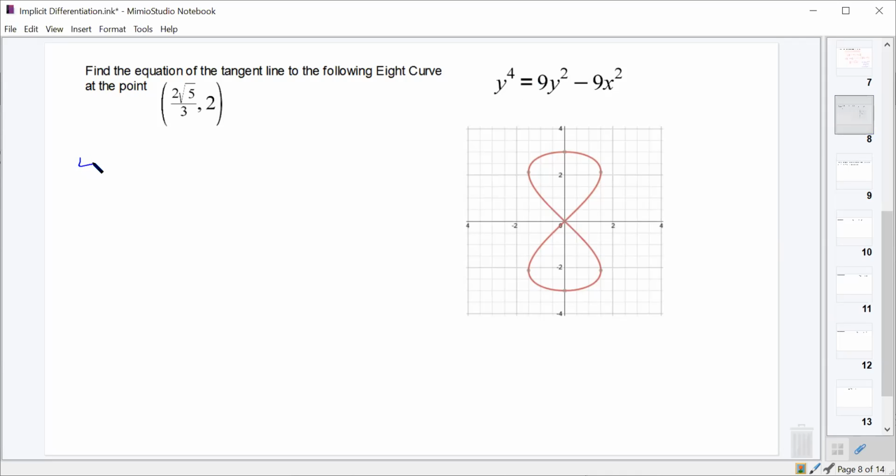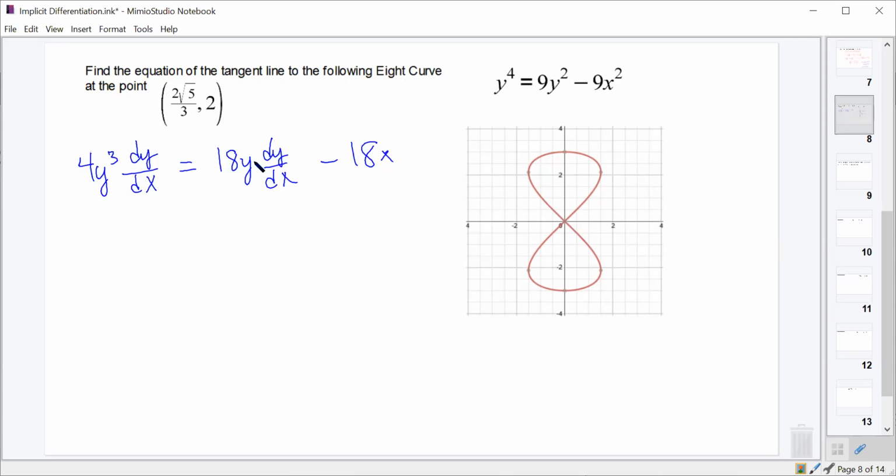4y to the 3rd times dy dx. 4y to the 3rd dy dx. And on the right, the 9y squared ought to become 18y times dy dx minus 18x. Perfect. And now we just need to solve for dy dx.